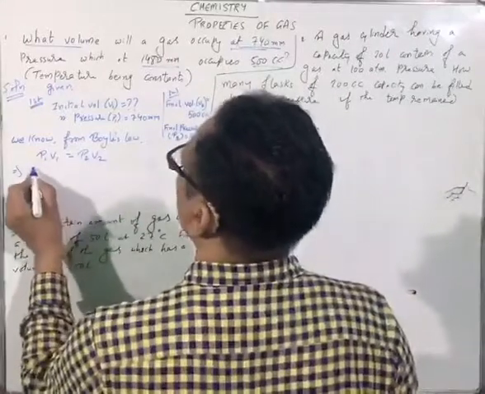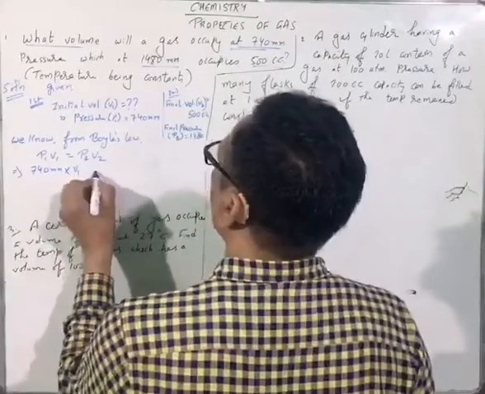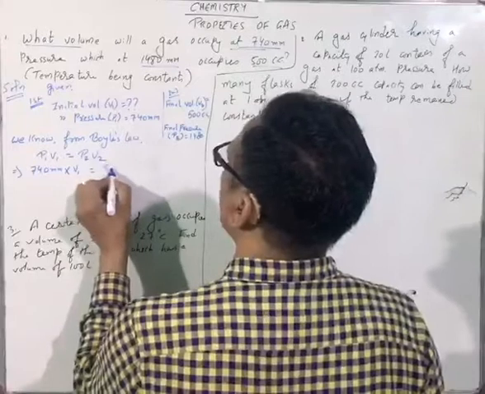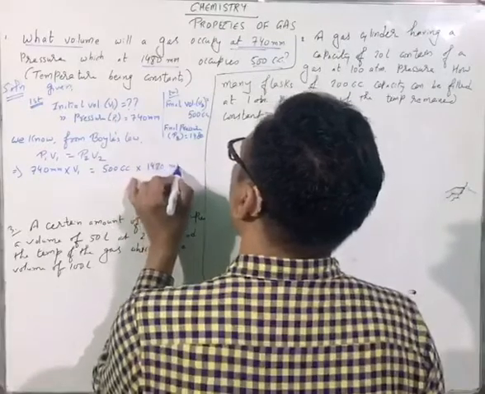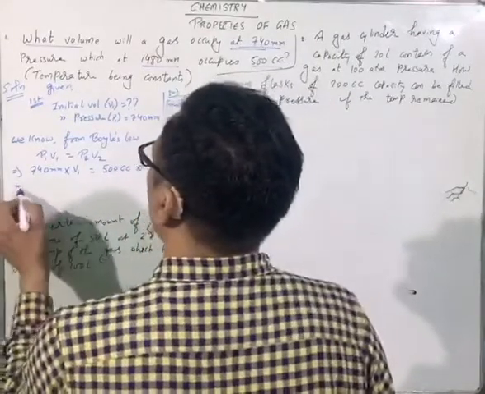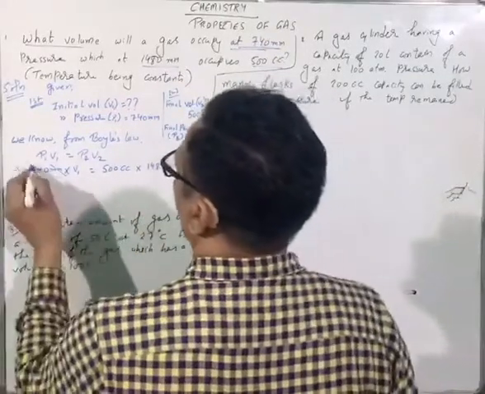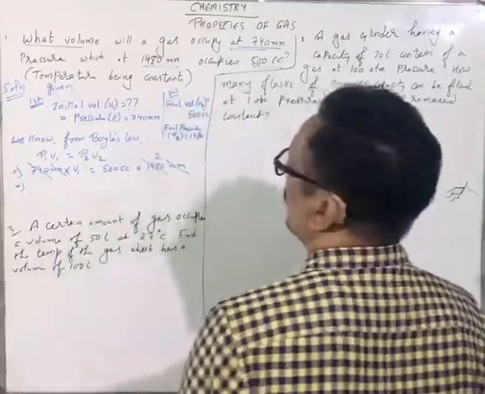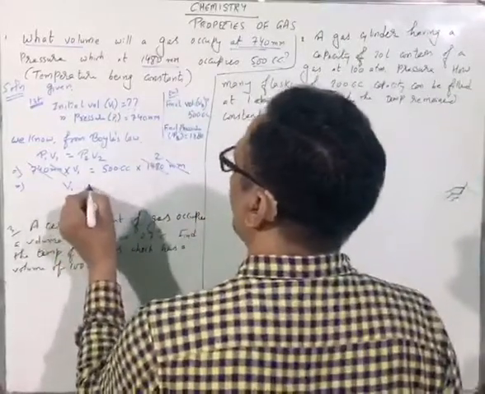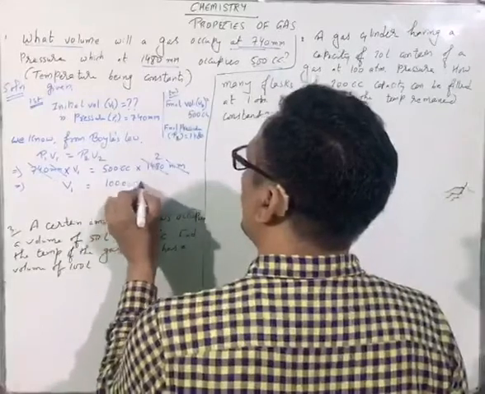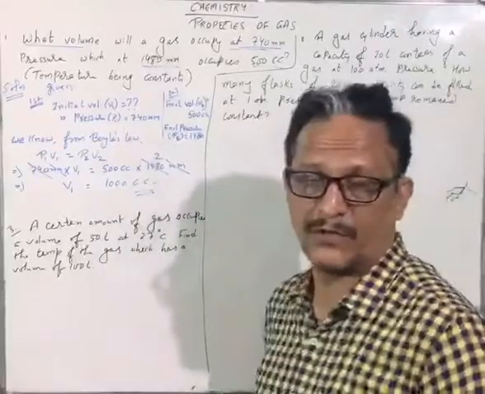So P1 is 740 millimeter into V1, which we have to find, V2 is 500 cc, and P2 is 1480 millimeter. In the lowest terms, the millimeter units cancel, and 740 multiplied by 2 equals 1480, so this also cancels. In this way we get the volume as 1000 cc. So the initial volume of the gas is 1000 cc.